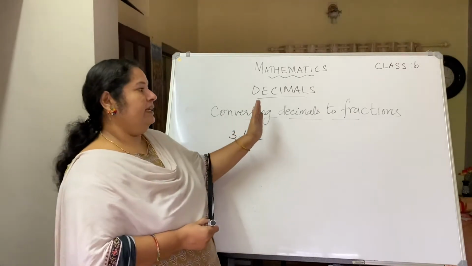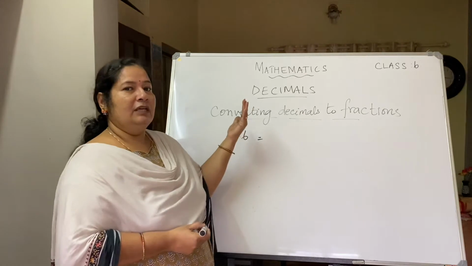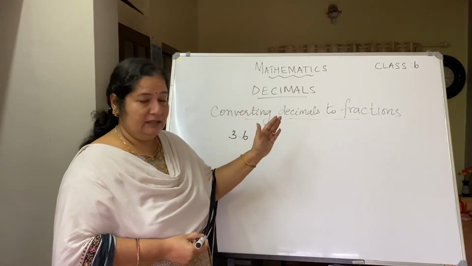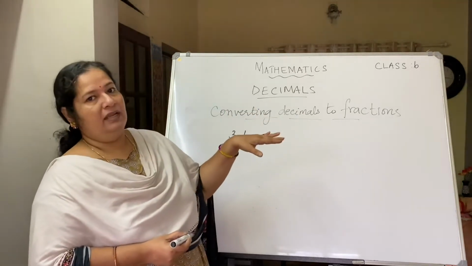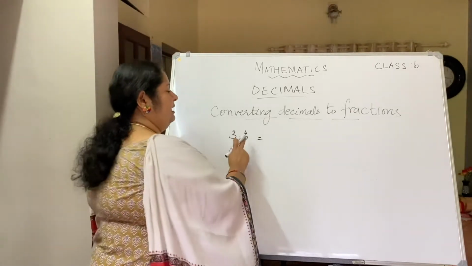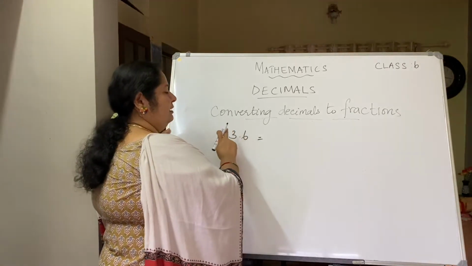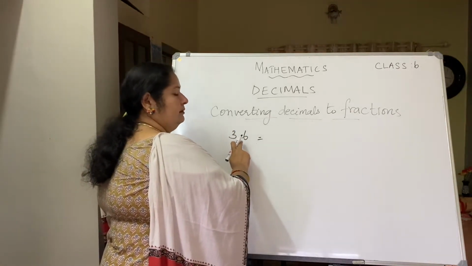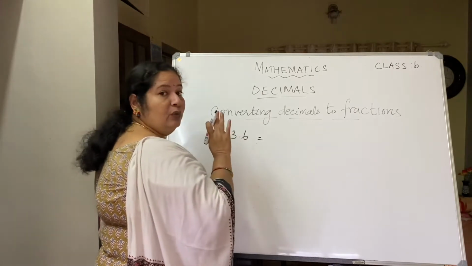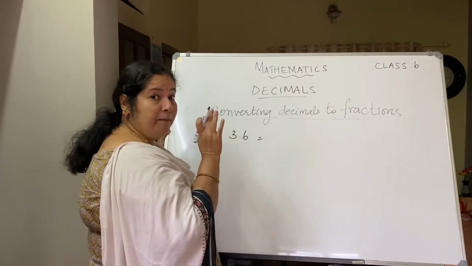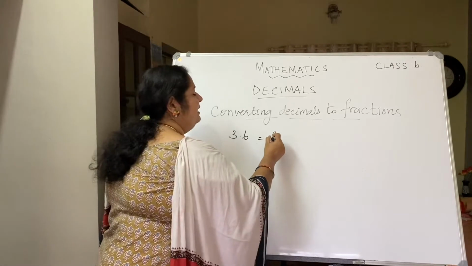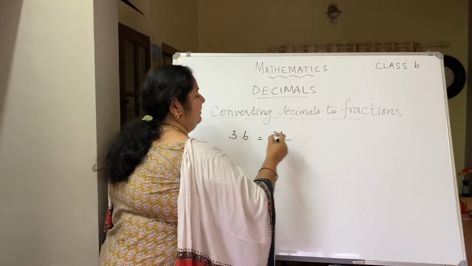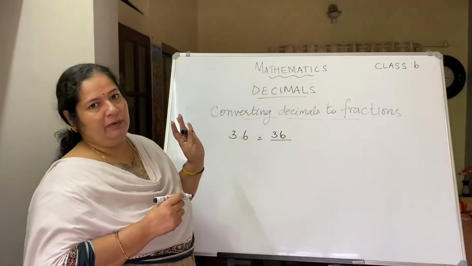So the numerator for the fraction you are going to make of this decimal will be the number without the decimal point. So the numerator will be 36. You remove the decimal point.